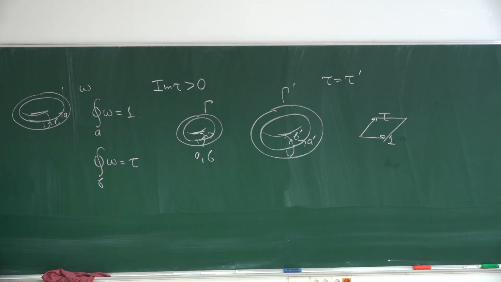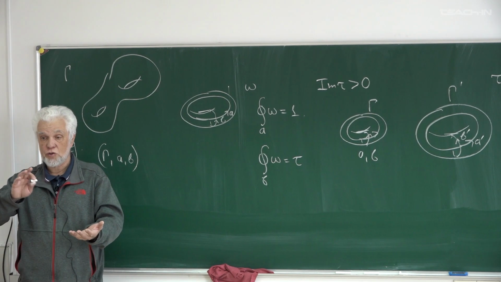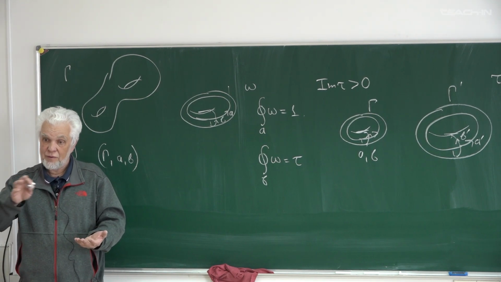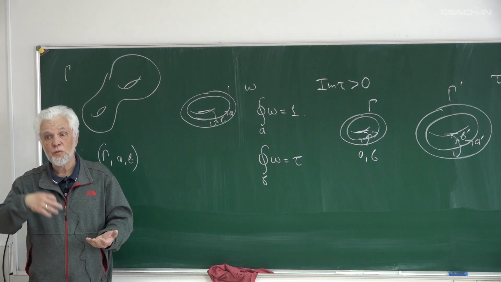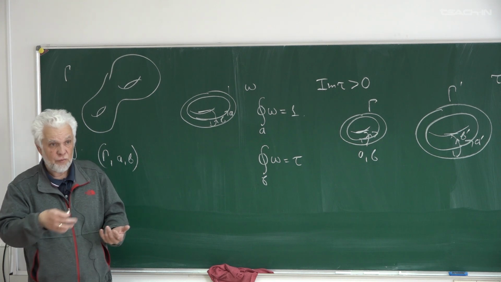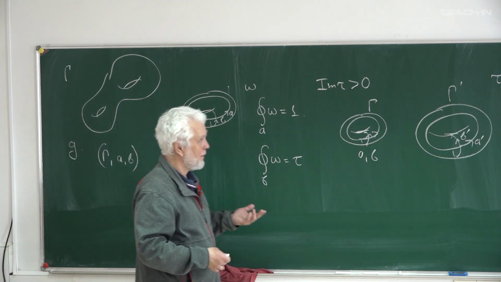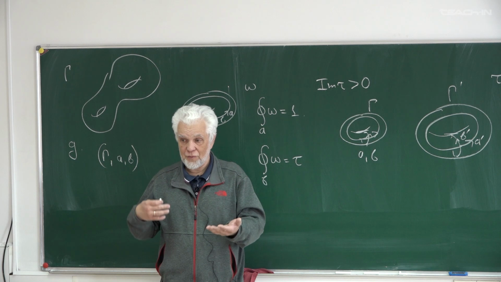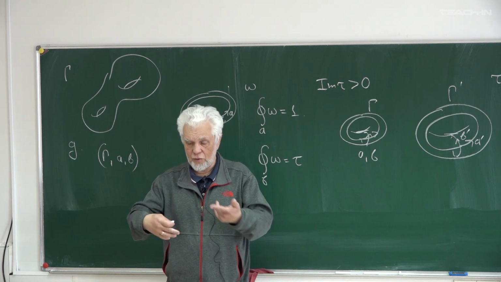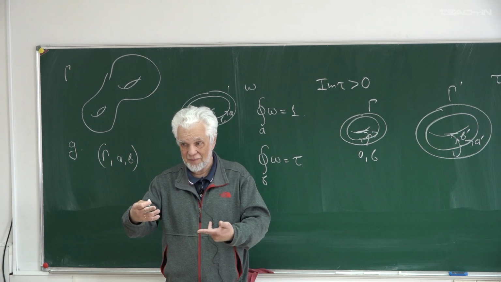If one torus can be obtained from another by changing the canonical basis of cycles, they are the same point of the moduli space. Therefore, we have a group of changes that transform the basis of cycles.